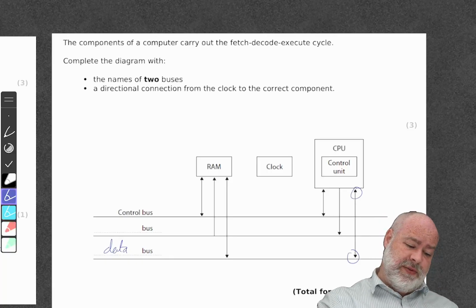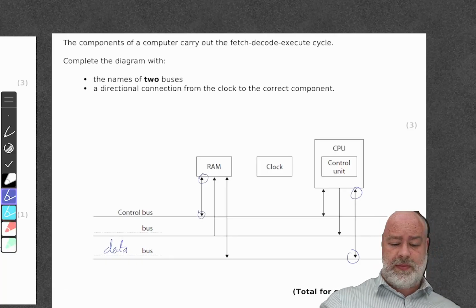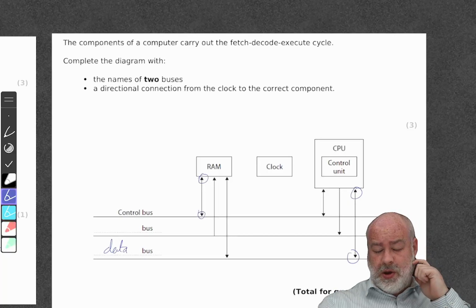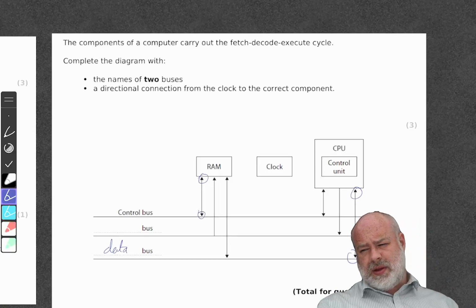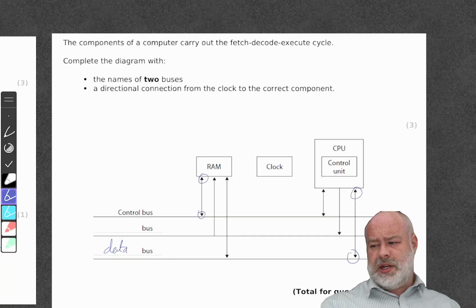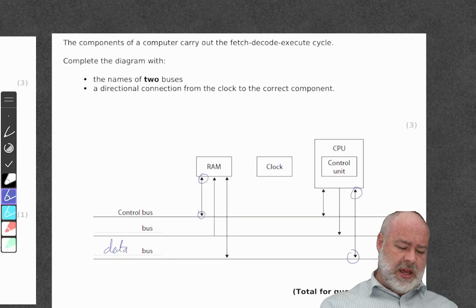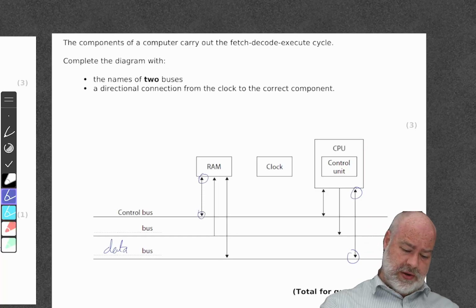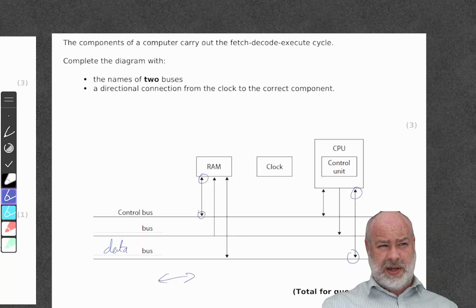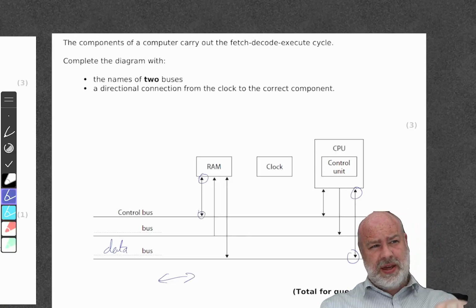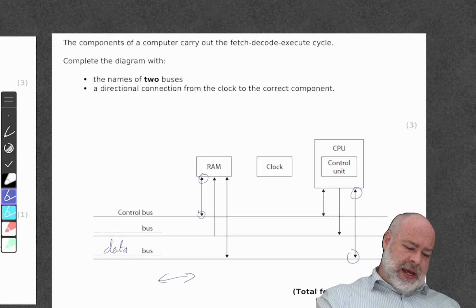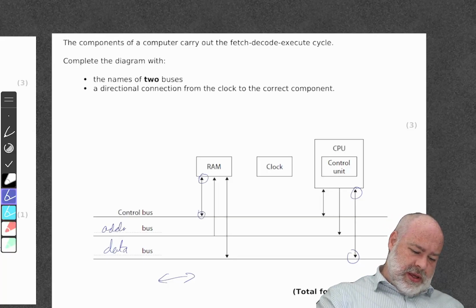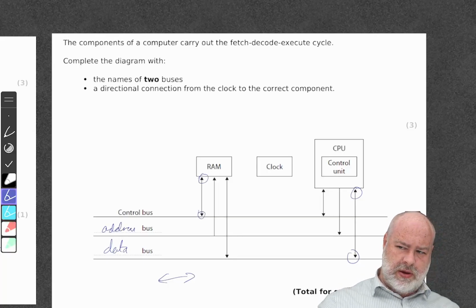Now, slightly confusingly, yes, you can see that the control bus is bidirectional too, and in some of the notes, they don't make that super clear in certain GCSE notes, but as a rule, data bus is always going to be bidirectional. Bidirectional means it can go both ways. It makes sense that data can go both ways, doesn't it? That you could take some data and put it back. And the address bus is going to be this one.